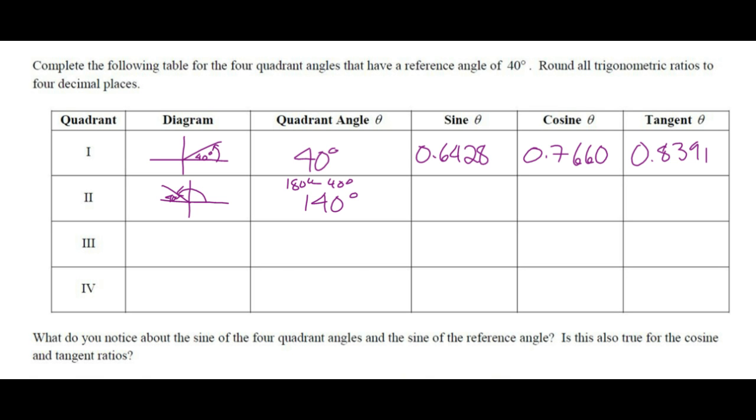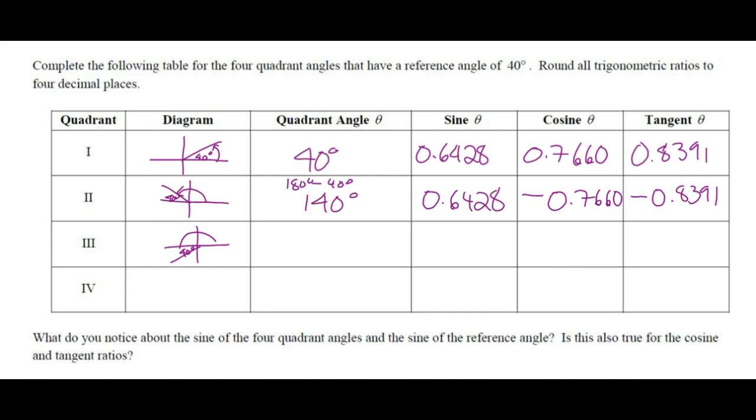What's the sine of 140 degrees? 0.6428. What's the cosine? Negative 0.7660. What's the tan? Negative 0.8391.